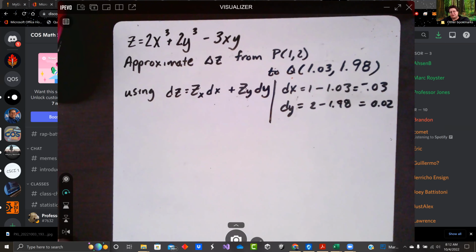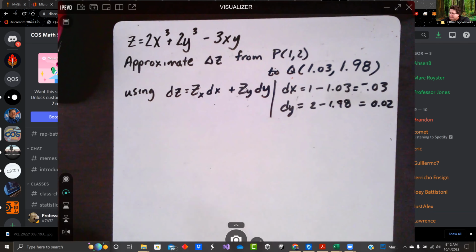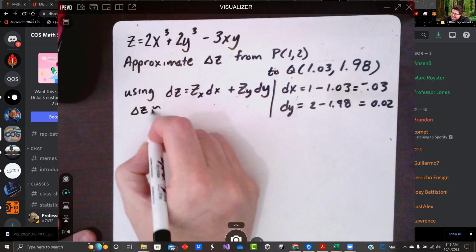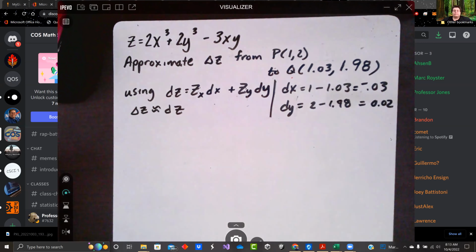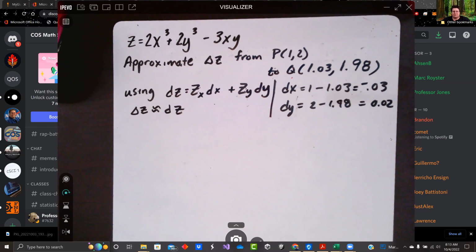Go ahead and figure out, using that dx and that dy rather than the other version, what dz is, because remember, delta z is approximately dz. I'll give you a couple minutes to do that, and we'll do it together.